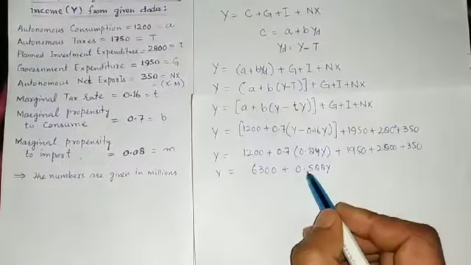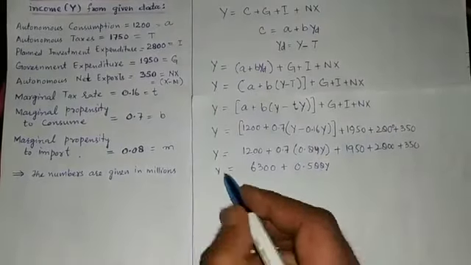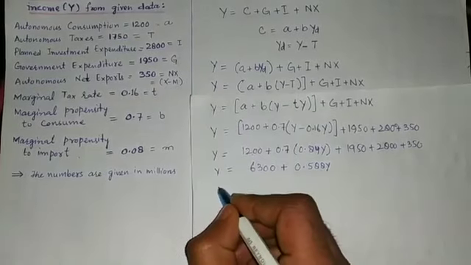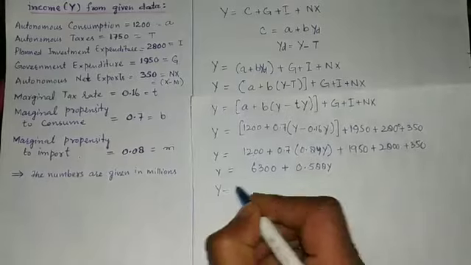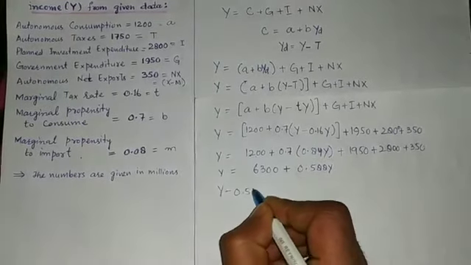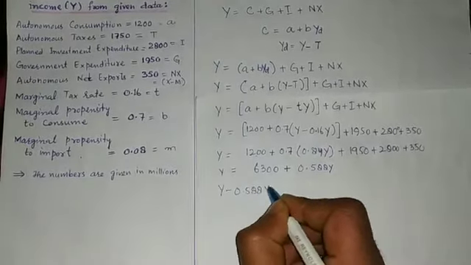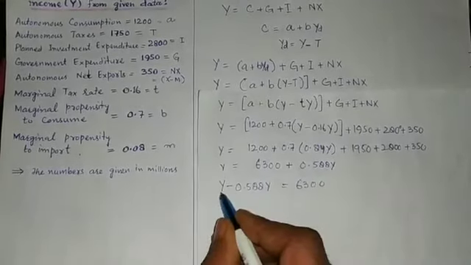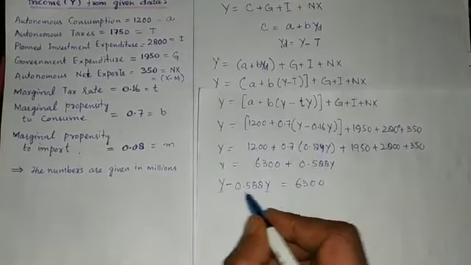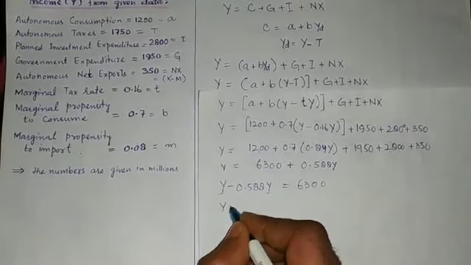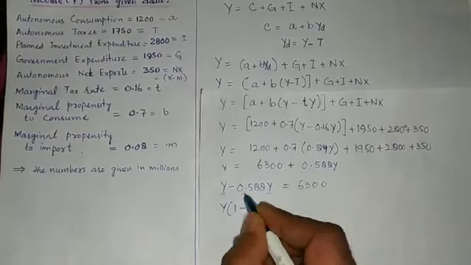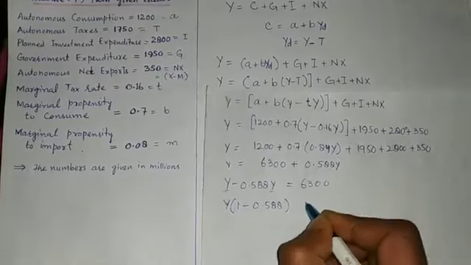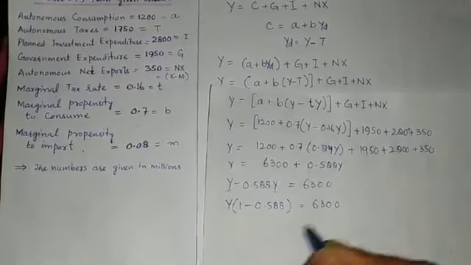Now transpose this term to this side, where the plus sign will become a negative sign, so it becomes Y minus 0.588Y equals 6300. Now factor out this Y from both terms. Y here will remain as 1 minus 0.588 equals 6300.